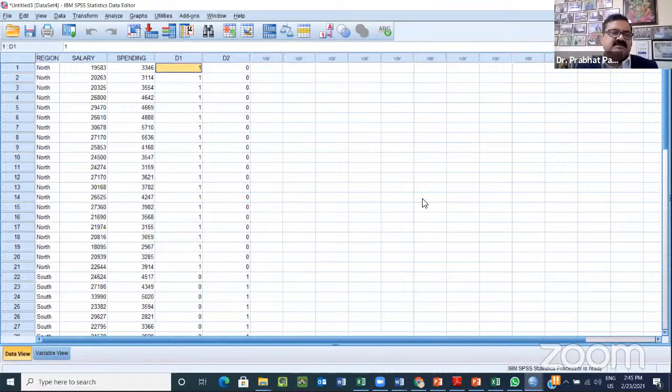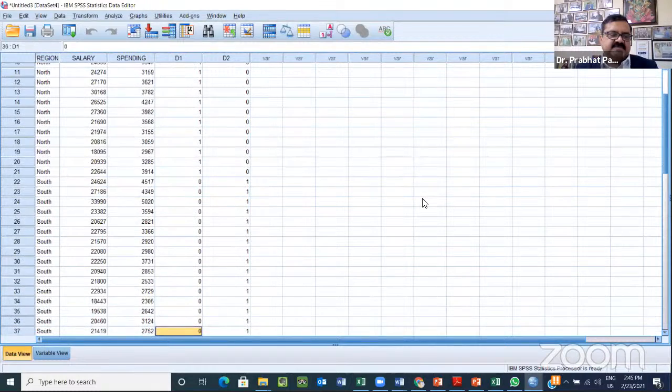So how is dummy 1 created? Dummy 1 is the dummy for the North. We call it D1, and since there are 2 dummies, we name them D1, D2. How do we create the dummy? We are creating the dummy for North, so we say 1 if North and 0 otherwise. Everything pertaining to North will have the value 1, and the rest of the values are going to be 0.